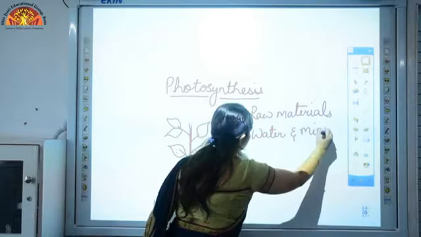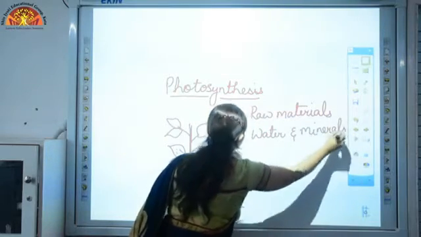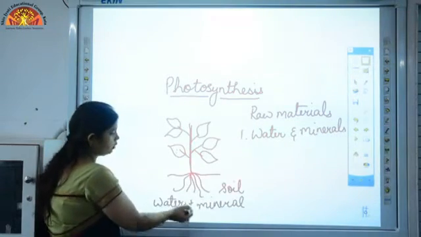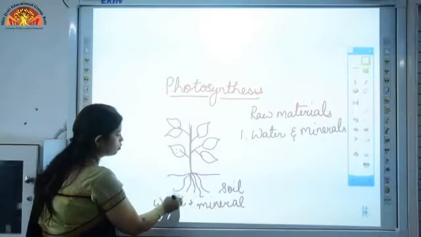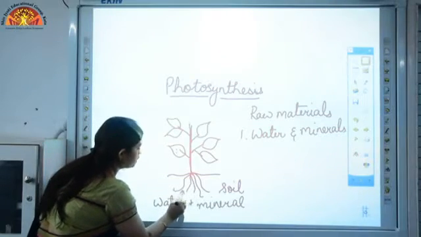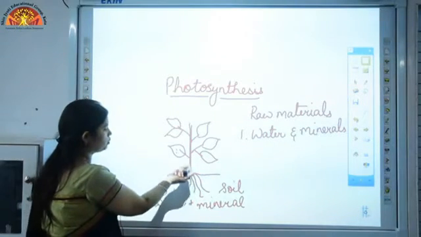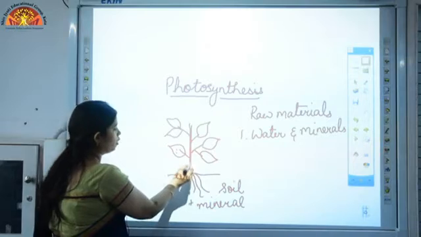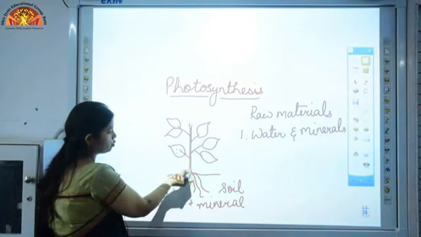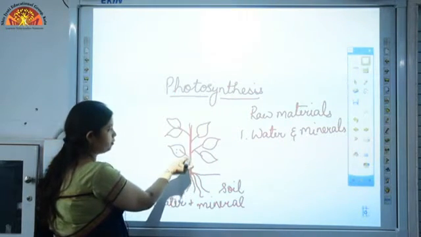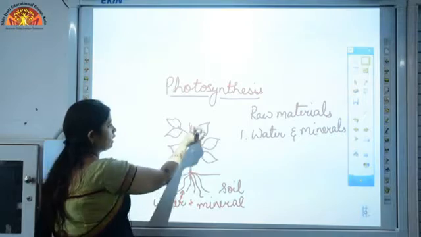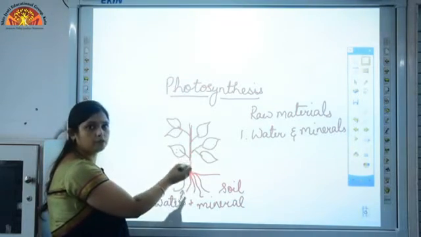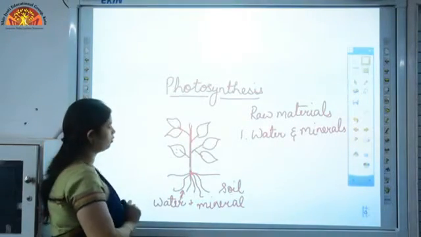From where do plants get this water and minerals? From the soil. The roots of the plant absorb the water and minerals and transport them to the stem. From the stem they reach each and every leaf of the plant so that the food can be prepared there.